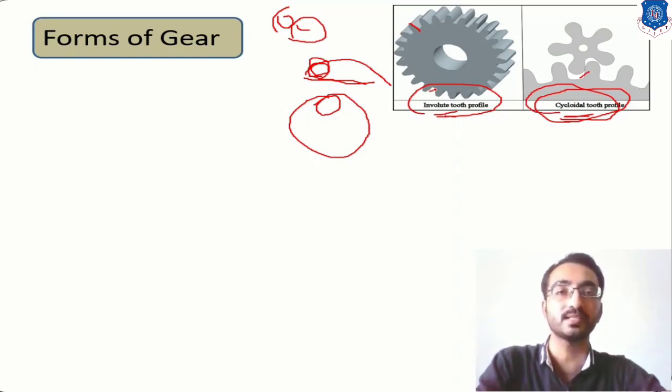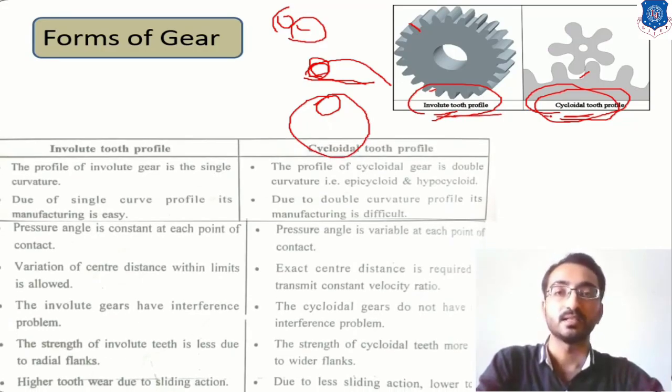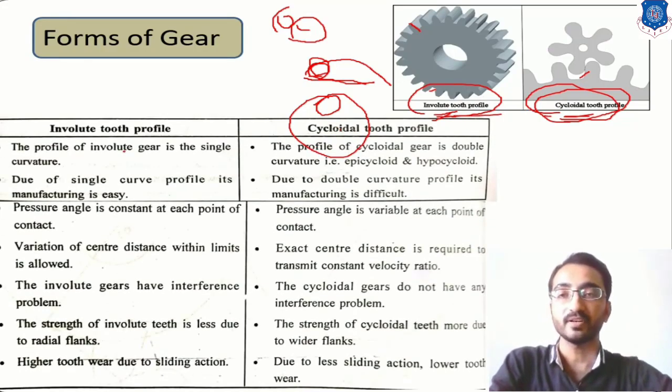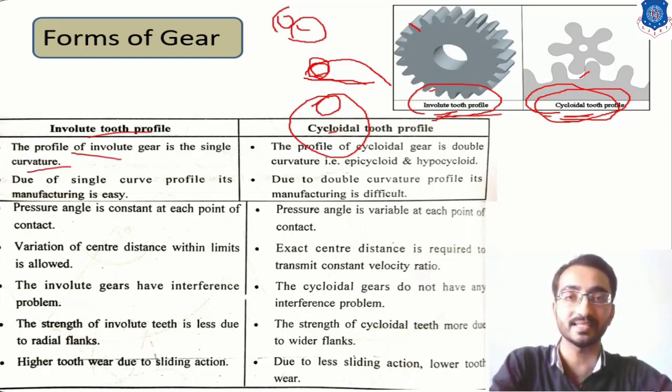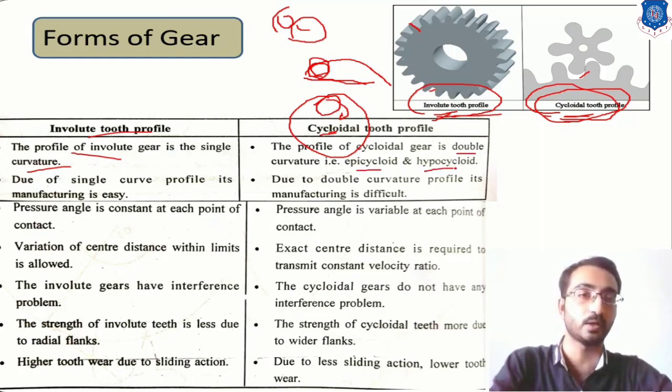Now let's learn some pros and cons, or we can say some differences, between involute and cycloidal tooth profile. The first difference is that the involute profile is made up of only a single curvature, while the cycloidal is made up of a combination of two shapes, that is epicycloid and hypocycloid.